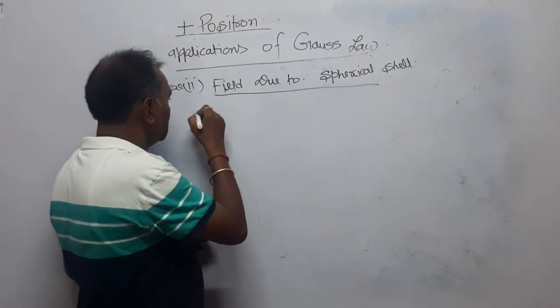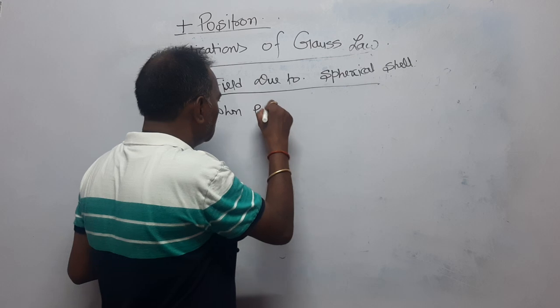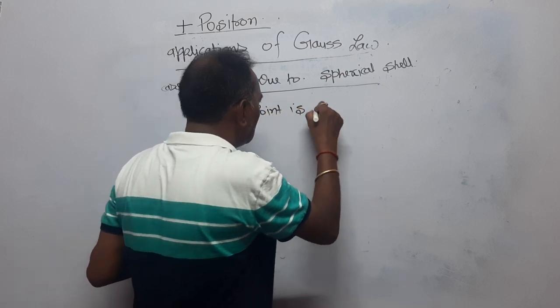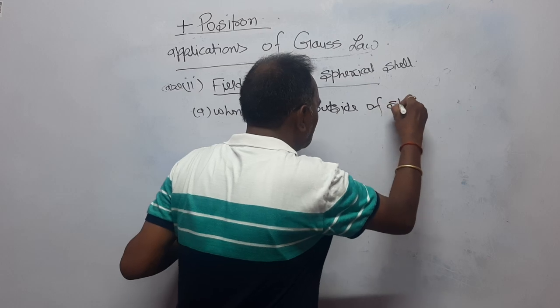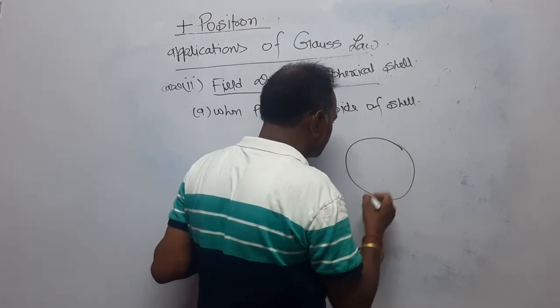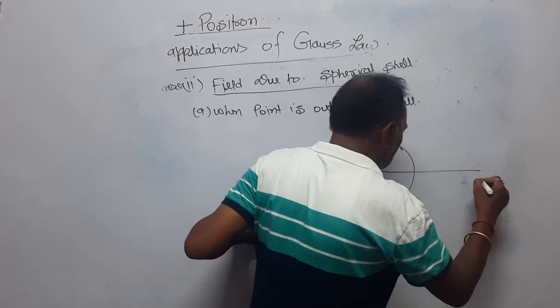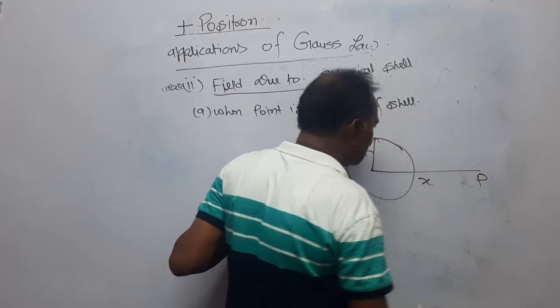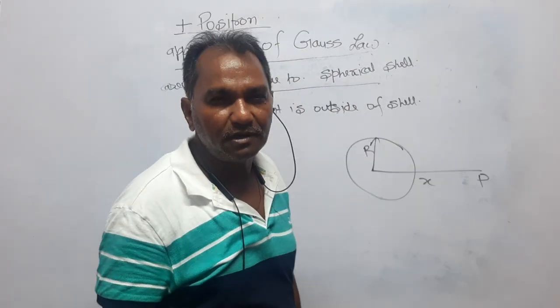Case first, A. When point is outside of shell. This is a spherical shell. It has the radius r. A point P is existing at a small x distance away from the center, where we have to find out the field, right?